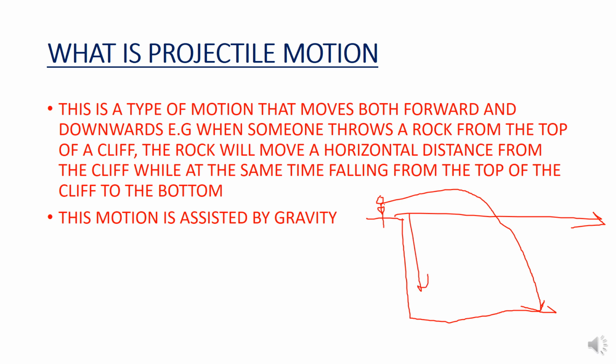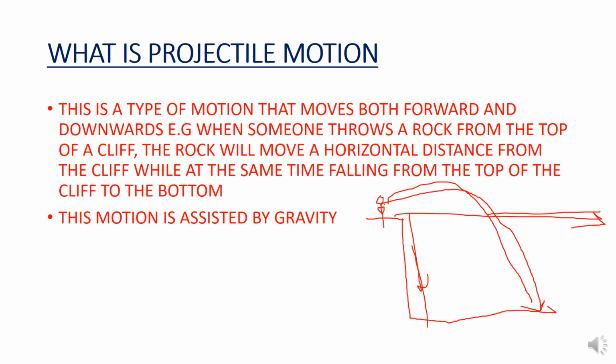Ita follow some curved path. Hii curved path ambayo tunaonyesha hapa. So hiyo motion whereby something goes both forward and downwards, kitu inaenda both forward and downwards, hiyo ndio inaitwa projectile motion.